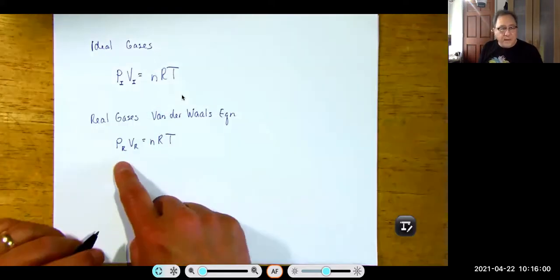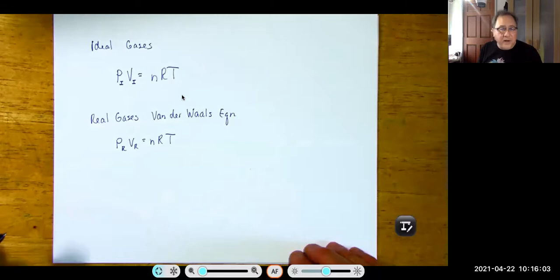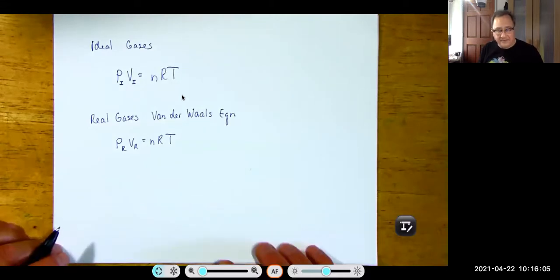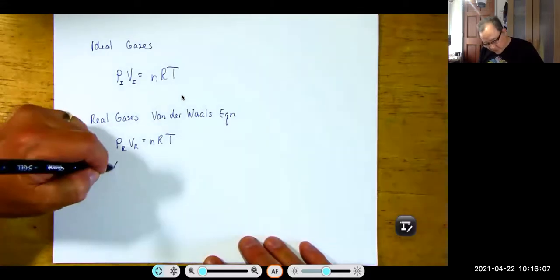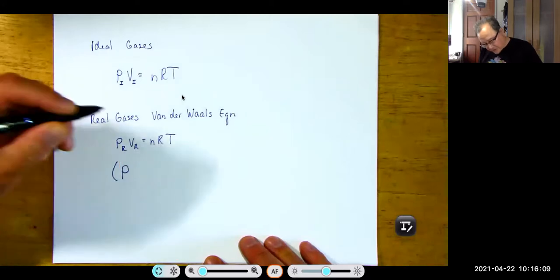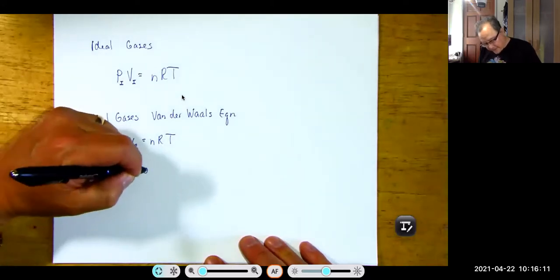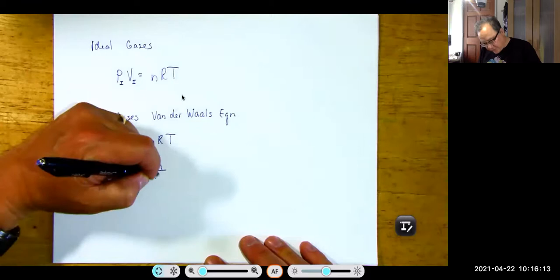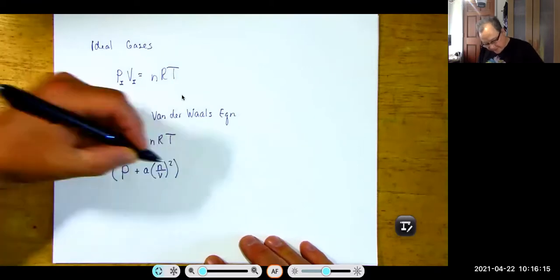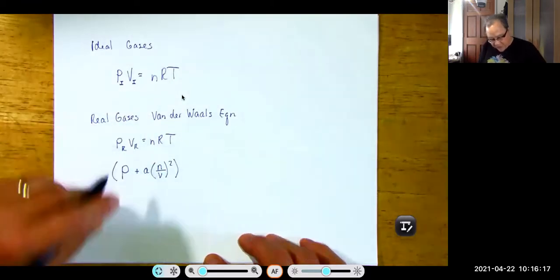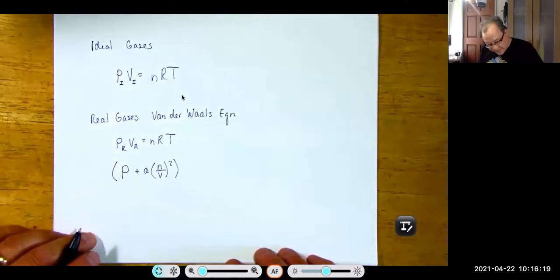So remember that the real pressure is greater than the ideal pressure, right? So that is written this way: pressure plus a n over V squared. And this is really the real pressure. So this would be the ideal.